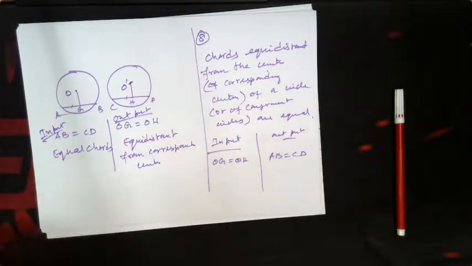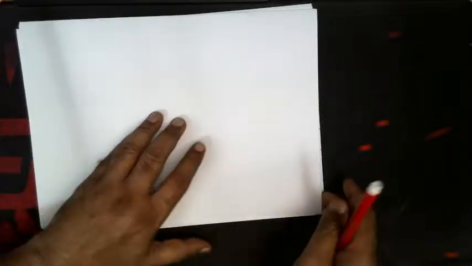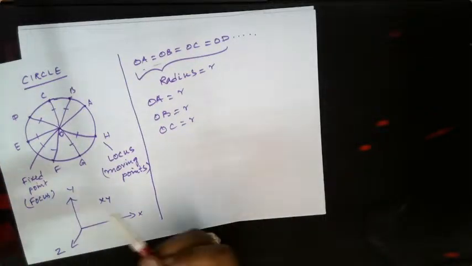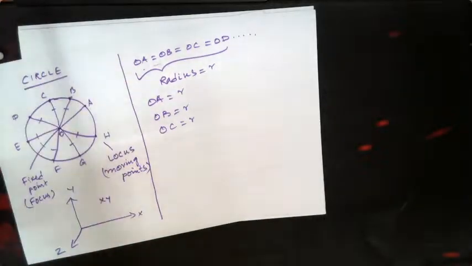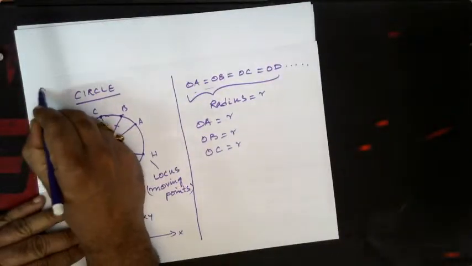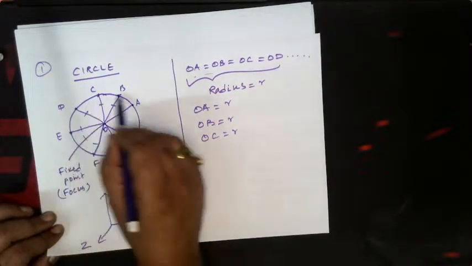Now let me summarize whatever I have discussed so far. I'll let you know how to make a concept map or mind map for easy memory. So what is our first point? This is the first one: circle. It can have n number of points, but all of them lie in the same plane.